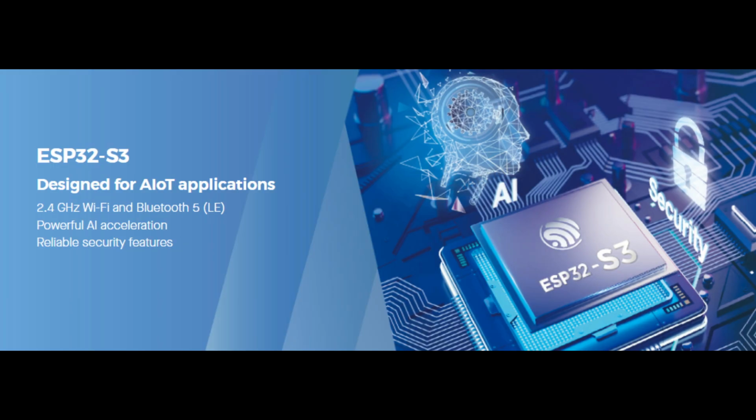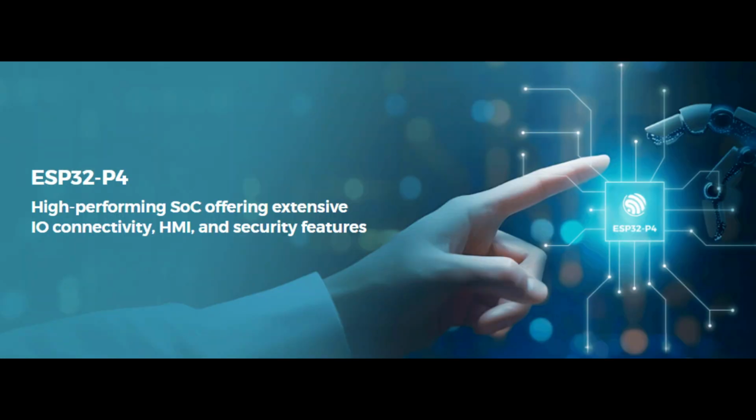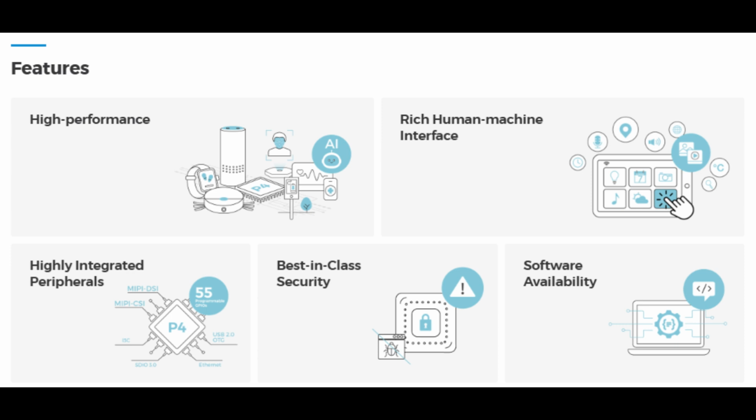Next we come to the ESP32-S series. The S series has two variants, S2 and S3, mostly used for high-end AI applications. The last variant is ESP32-P4, currently in the market, which is a high-performance chip.